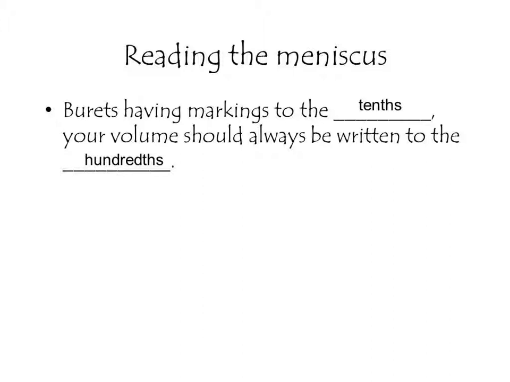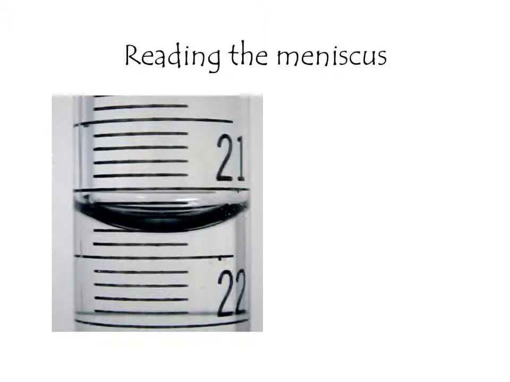So this is something that we're reviewing now on how to do reading. One decimal place beyond the marking is what we're going for in this part. Now, in order to read this meniscus, we would have to look at the bottom. Okay, so here's the bottom of the meniscus, and here's 21, and here's 22.